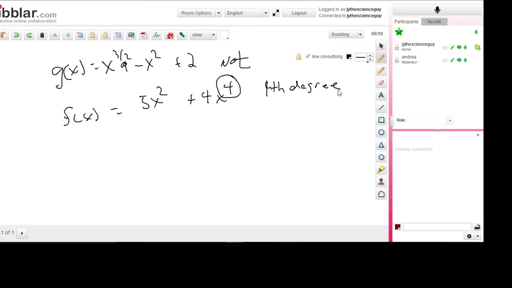Okay. So this would be the leading term because it has the highest degree. So if you're writing this in standard form, you would write this 4x to the fourth plus 5x squared. That's the proper way of writing it. You always write it in descending order in terms of the exponents.